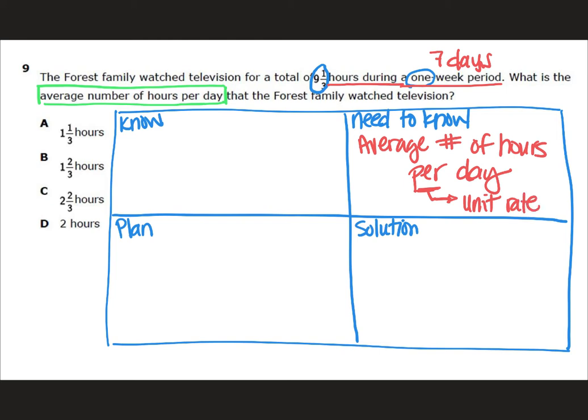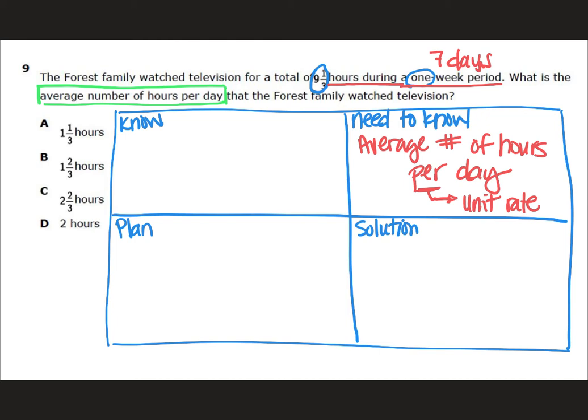I'm looking for how much is it each day. If I had my unit rate per day and I needed to know for 7 days, we know that Miss Young's favorite 3-letter word is "per" because it tells her she's going to multiply. But if I'm looking for that per, I'm going to do the opposite of multiplication. And the opposite is division.